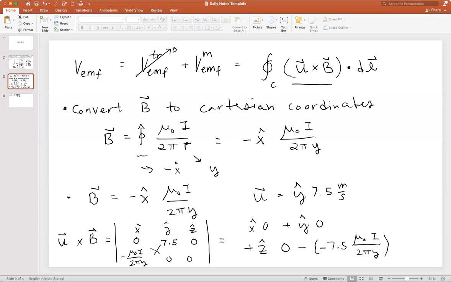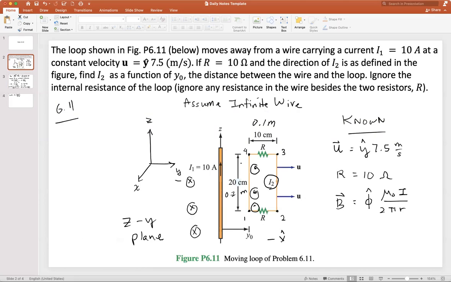This is good because, again, let's go back to this. We know we need the VEMF because this is going to lead us to the current that we are trying to find. The goal is to find this current. We'll use Ohm's law here, where this is R2, and this is given as the sum of the two resistors.